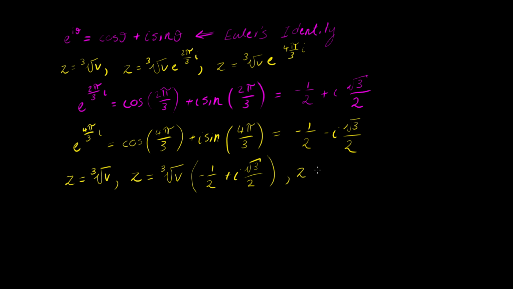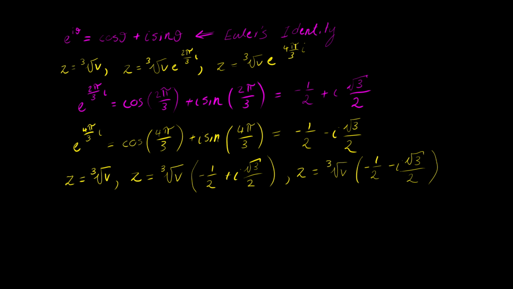And we have z is equal to the cube root of v times e to the 4 pi over 3i, which we figured out was just negative 1/2 minus I roots of 3 over 2.